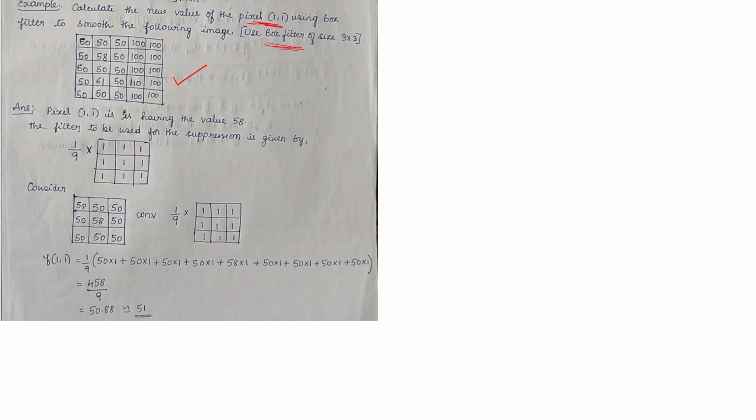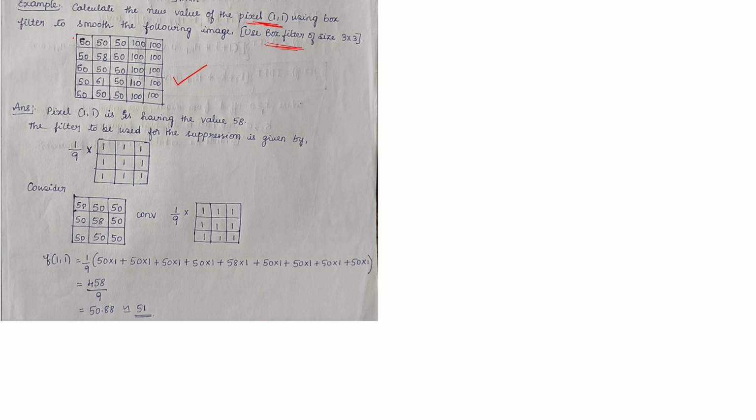In this image, first we have to see where our 1 comma 1 pixel is. What is the number of rows? 1, 2, 3, 4, 5. Number of columns 1, 2, 3, 4, 5.